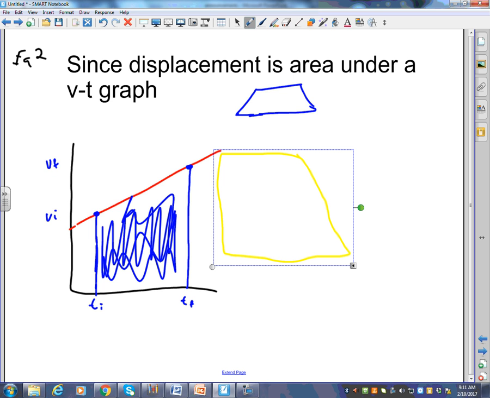Sean, do you know the formula for the area of a trapezoid? You may not want to admit it. I can understand that. Anyone? No idea? It's actually relatively simple when you see it, right? If I call that one side 1 and that one side 2 and I call this the height, does that help?